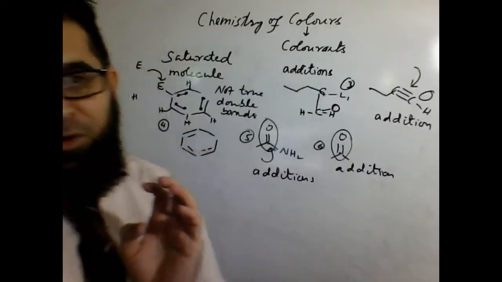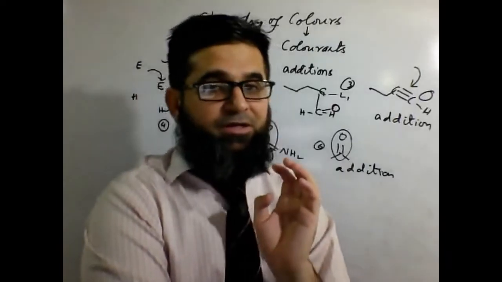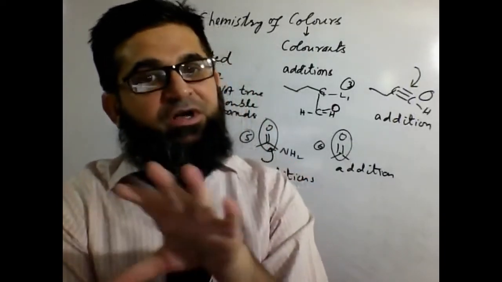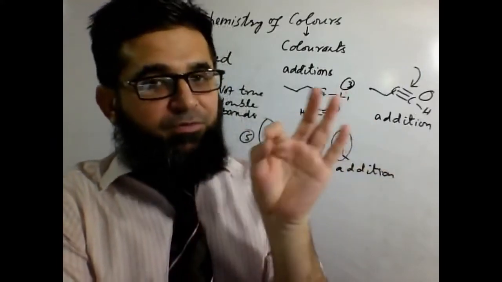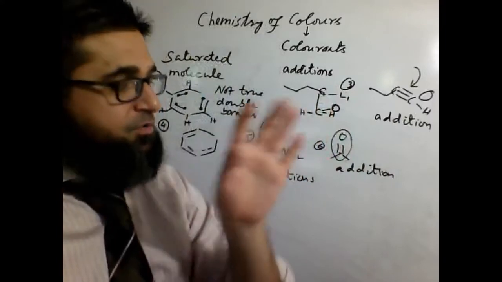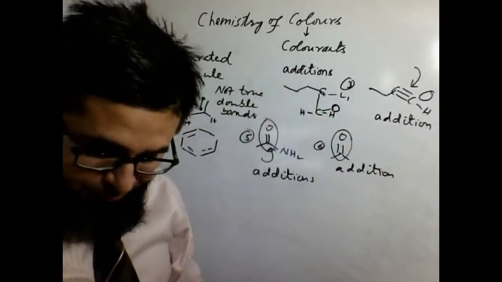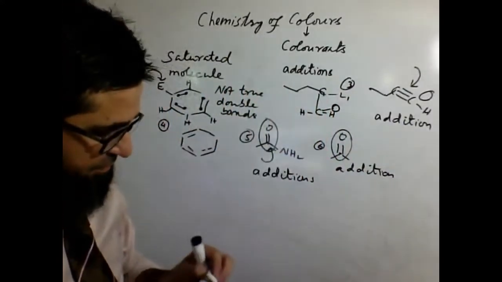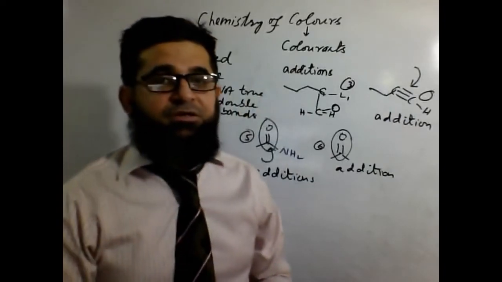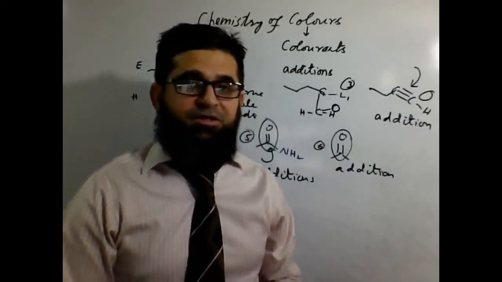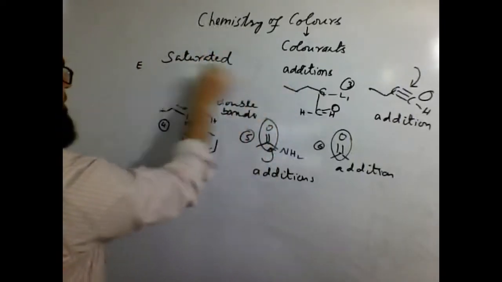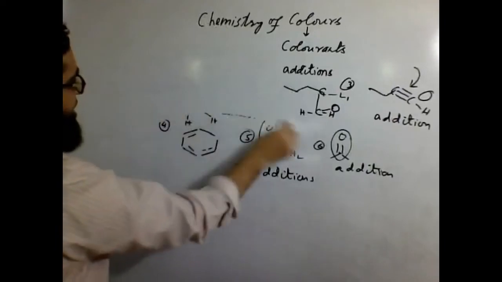They are more like single bonds. So the molecule is supposed to be saturated rather than unsaturated. If the molecule is saturated, it is supposed to undergo substitution. Now the question arises, what sort of substitution? What sort of additions? There are 2 types of additions and 2 types of substitutions. Let me elaborate on this point now.